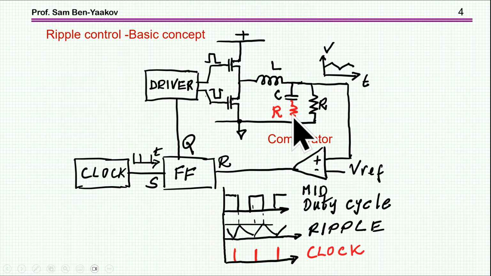And here is the response to a load step, 1 amp. This is the load, and you see that we have a constant output, and then we have the load changing. There is a drop in the voltage, and you see that just about within 1 cycle of the switching frequency, there is a recovery. And the reason is that once it drops, then it'll stay on.